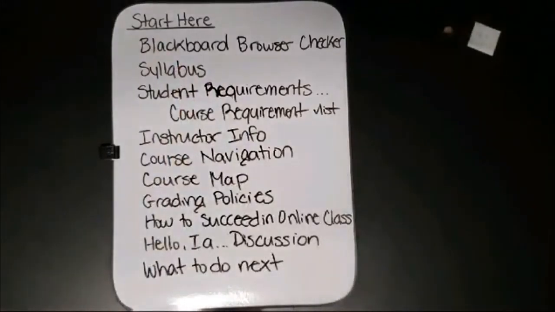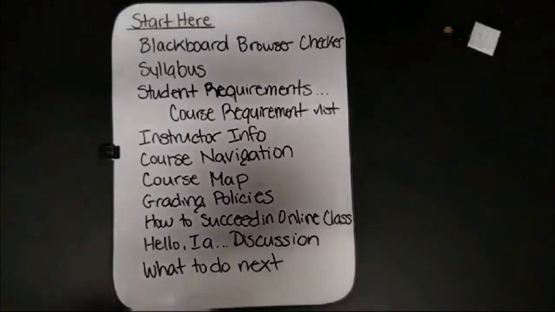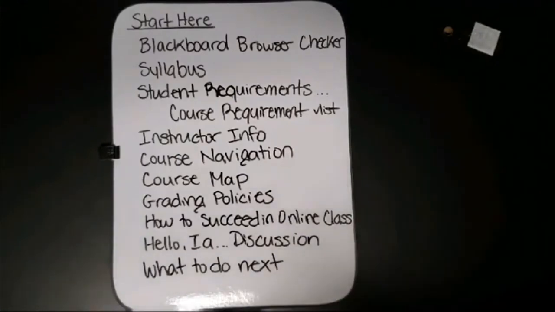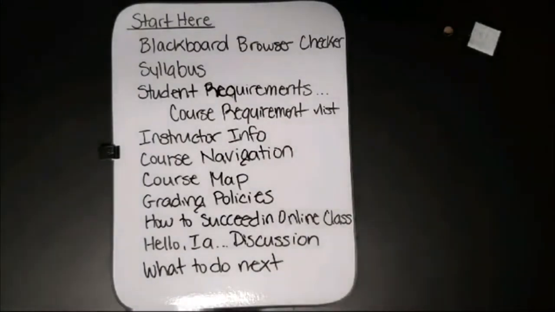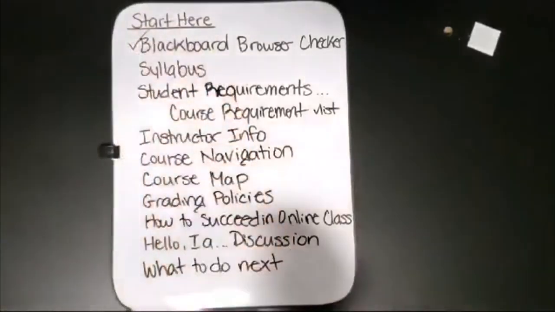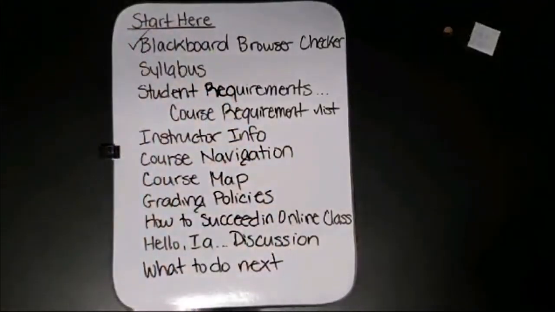If you have not completed this section, I need everybody to complete it. The first thing you will see is the Blackboard browser checker, which just makes sure Blackboard is working on your computer.